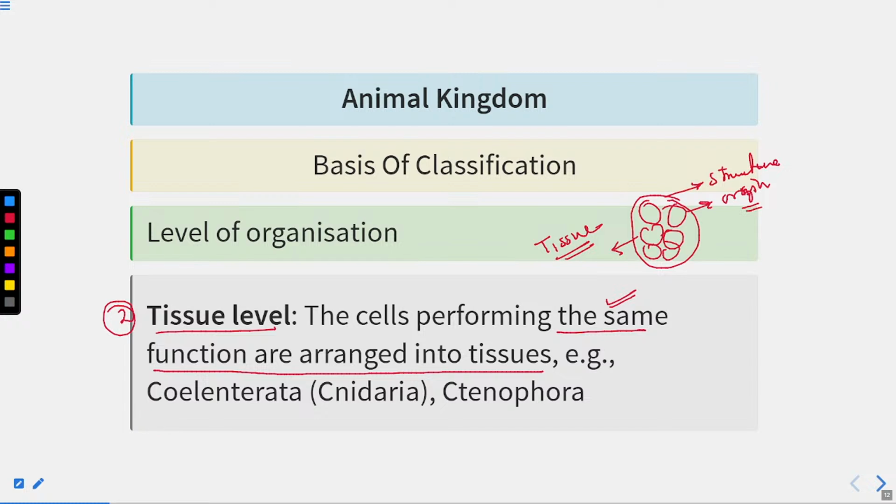Coelenterata, that is also called Cnidaria, and Ctenophora are the two phyla showing the tissue level of organization.